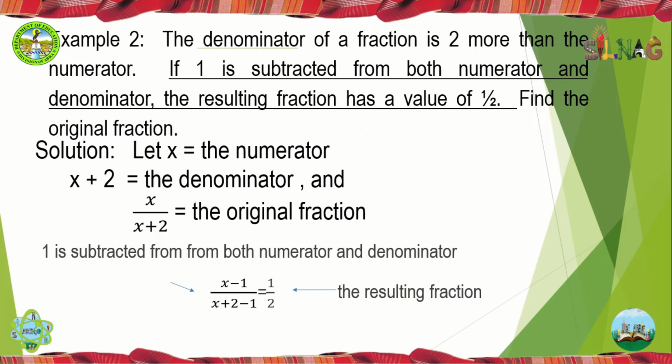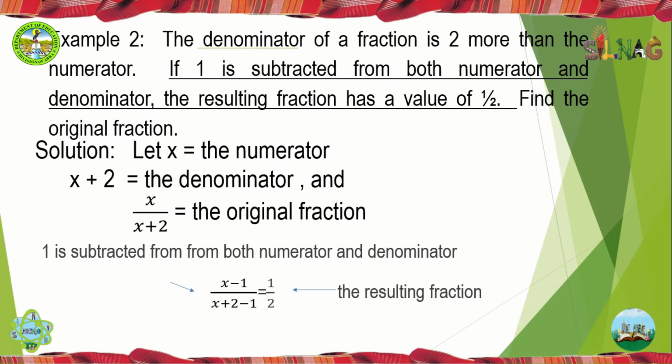Therefore, we let x be the numerator and x plus 2 the denominator. So the original fraction is x over x plus 2, because the given problem described that the denominator is 2 more than the numerator.